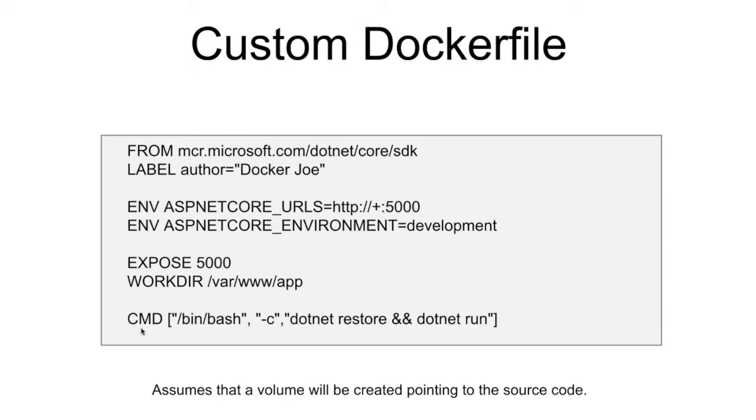Now, because we're using the SDK, this is obviously not optimized for production, but what we can do is set up, and I have a little info down here about this, but we could set up what's called a volume. We could actually make it where once we run this, it could point to our source code, and we could actually do live development against .NET Core without ever installing .NET Core on our machine.